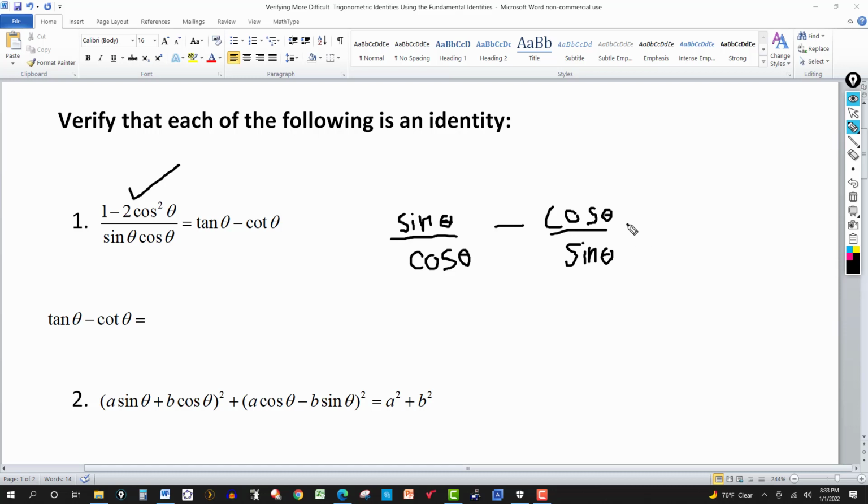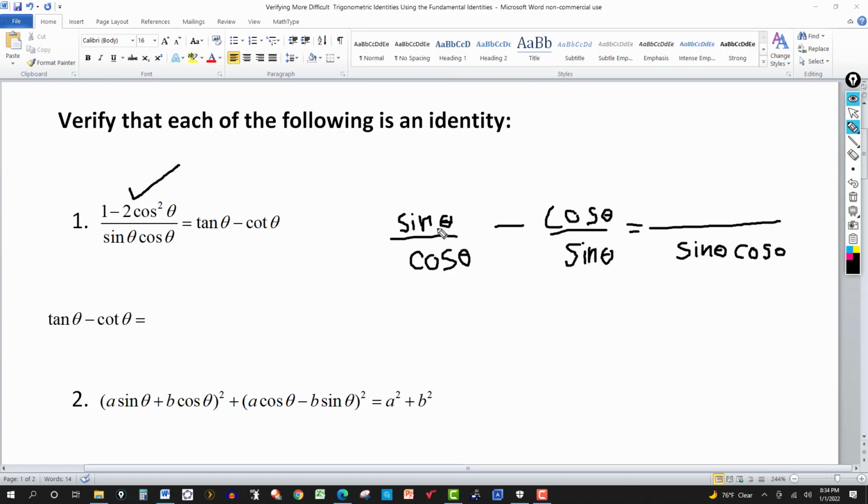So this should equal, I'll put one division line. I'm going to write it as one fraction. The common denominator will be sine theta times cosine theta, or cosine theta times sine theta. That's the same thing. So I'll write it as sine theta cosine theta. Now one thing I can do here is cross multiply to get the numerator.